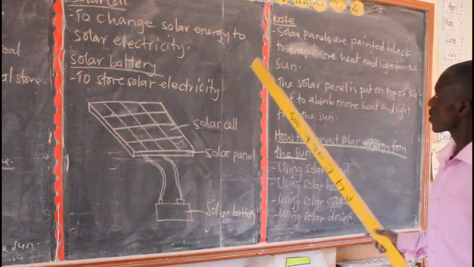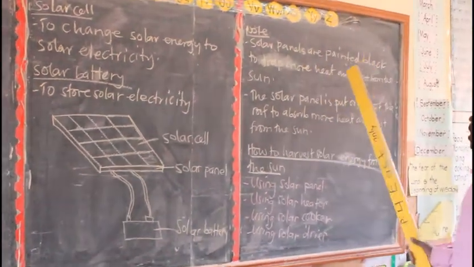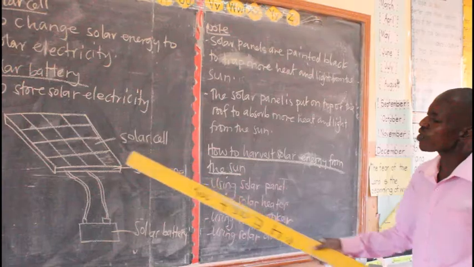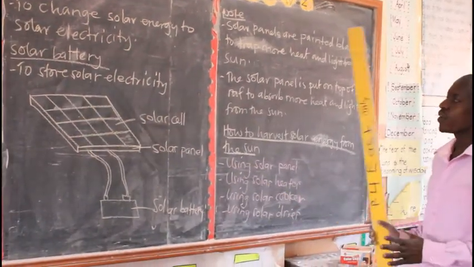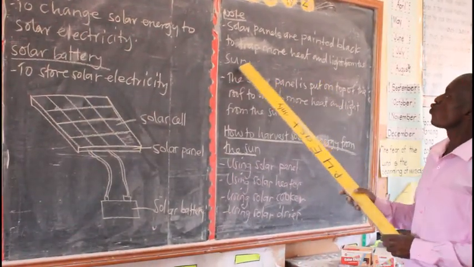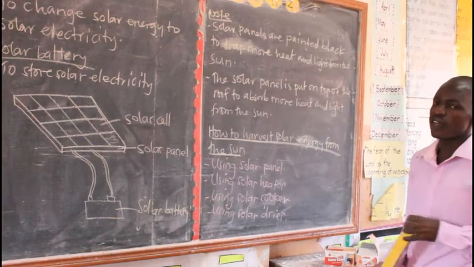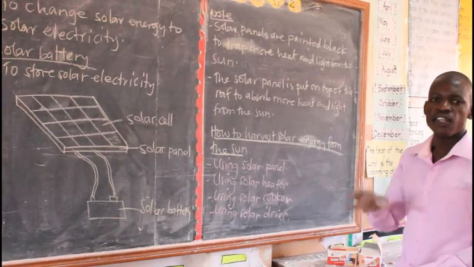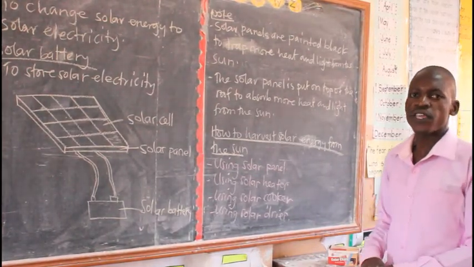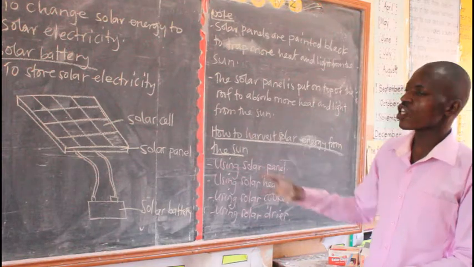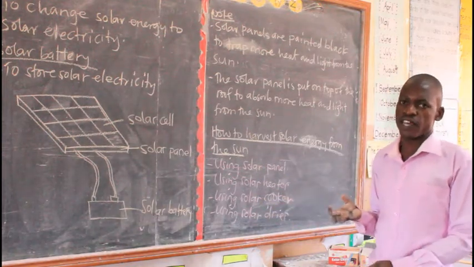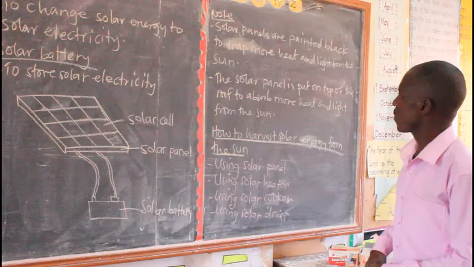Then note, the solar panels are painted black. Why? To trap more heat and light from the sun. When it is black, it's a good absorber of heat. So when you paint it black, it will absorb more heat from the sun. That's why it's painted black.